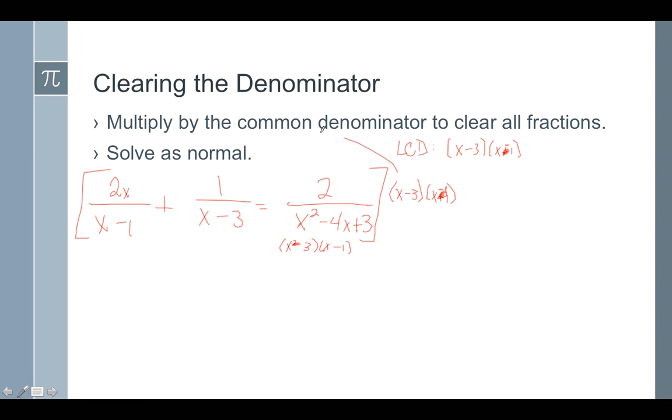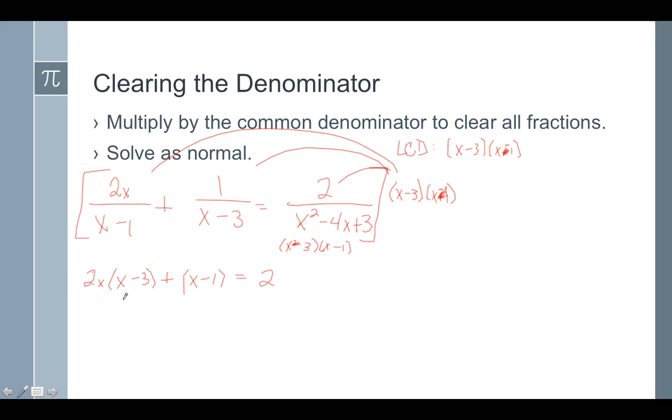When I multiply, I go and distribute to all 3 pieces. When I multiply by the first one, the x minus 1 cancels, so I get 2x times x minus 3. When I get the second one, the x minus 3 cancels, and I'm left with 1 times x minus 1. And it's equal to, okay, the x squared minus 4x plus 3 is x minus 3 times x minus 1, and therefore it's just left over as a 2.